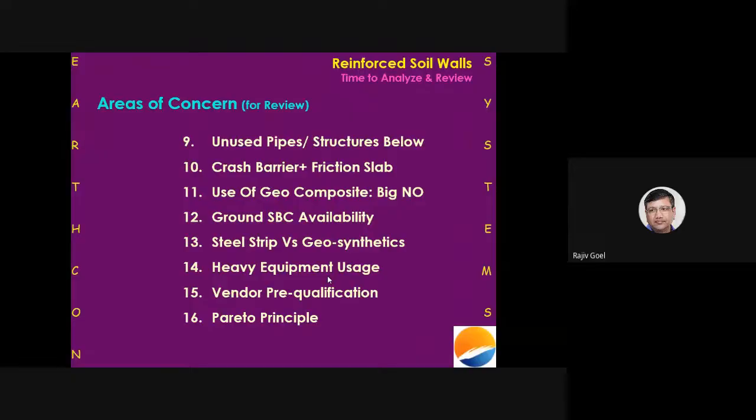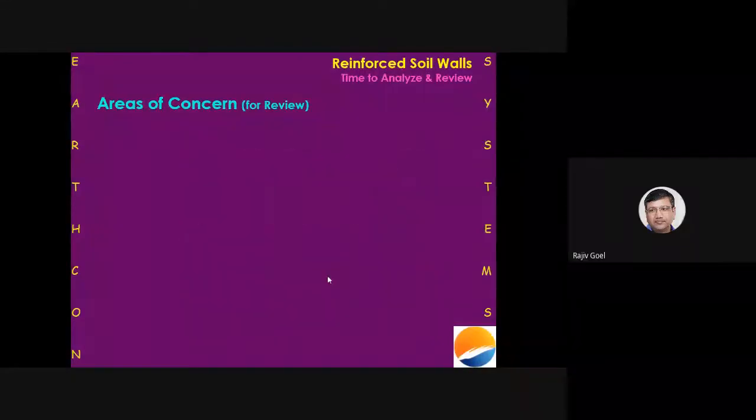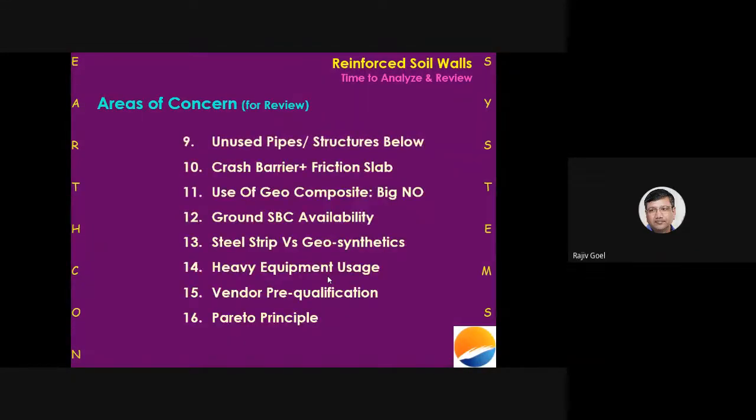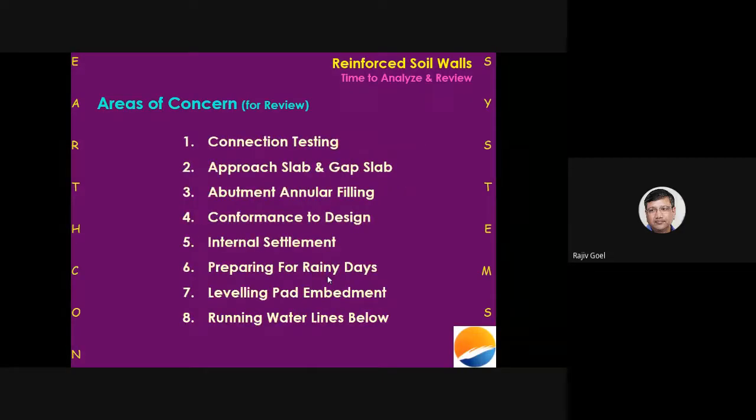So let's go one by one and see what I have to say about these 15 points, how they have given us trouble, and what we need to do to solve them. Starting with connection testing, in our earlier slides we showed the fascia separation problems, which I said is primarily because of deficient connection.